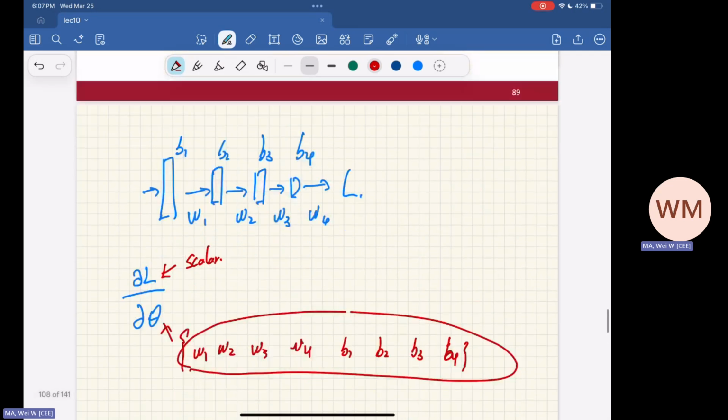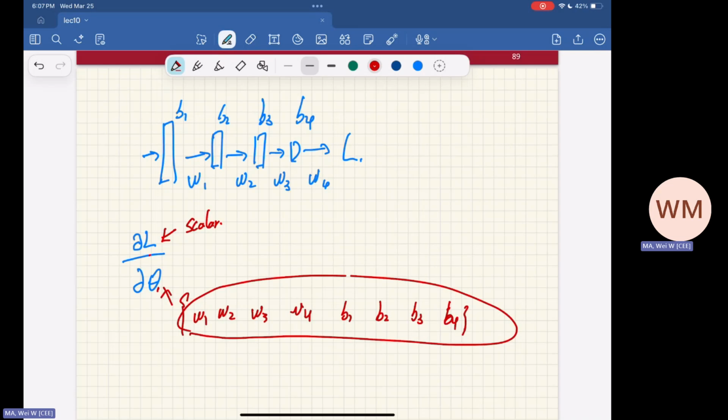So if I'm calculating partial L, partial theta, what I'm actually doing is calculating partial L, partial W1, partial L, partial W2, all the way to partial L, partial B1, up to partial L, partial B4.